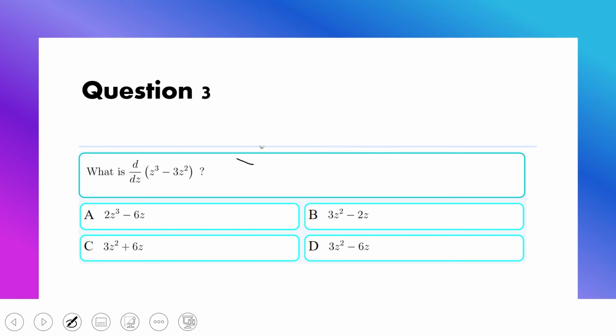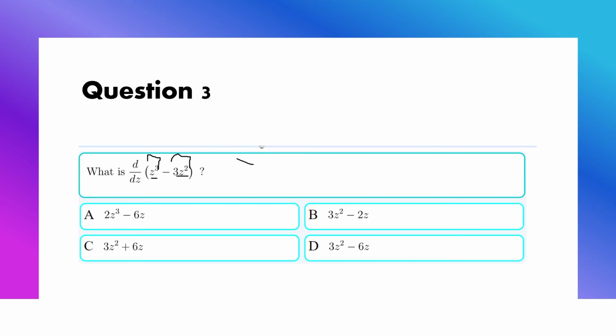Okay, this is an interesting question. Because instead of just having one term, you have multiple terms. You have this and you have this. So what the power law states is that when you have multiple terms like that, you find the derivative of this, and then you find the derivative of this, and then you just combine them, right?